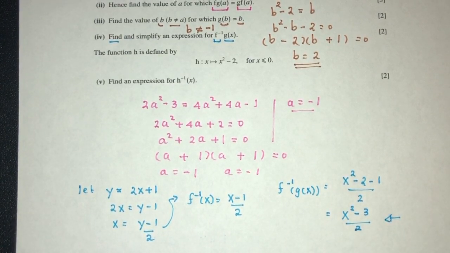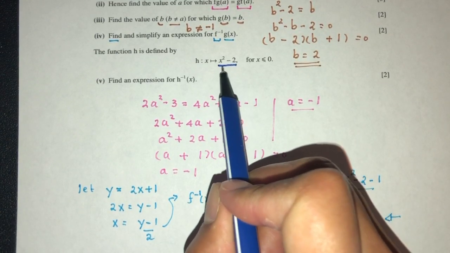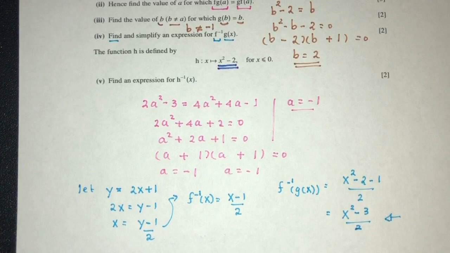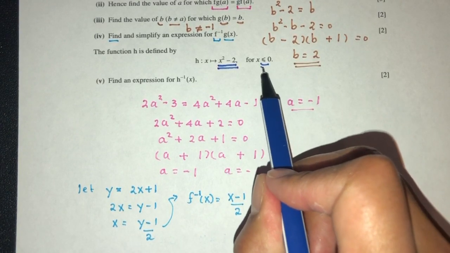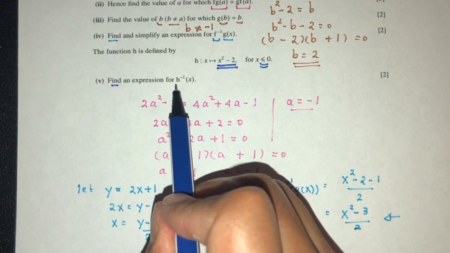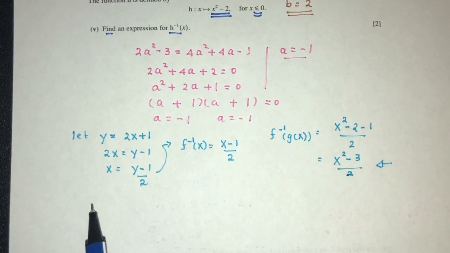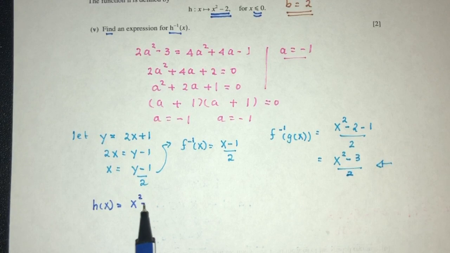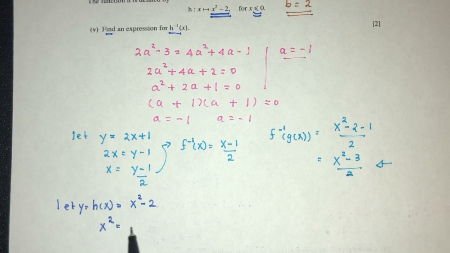Now last one. The function h is defined by this. Okay. Now we have to find, for x is less than 0, an expression for this one. So let's do this one by one. H of x is given to you by x squared minus 2. So let y equal to this. So we know x squared will be y plus 2.